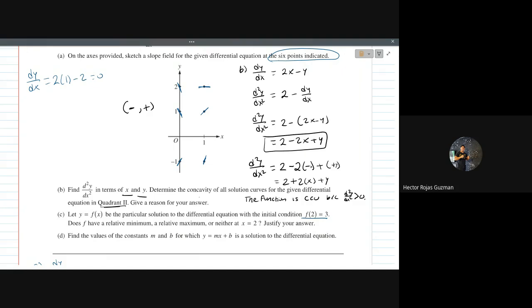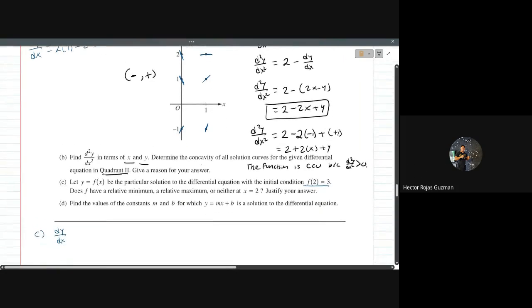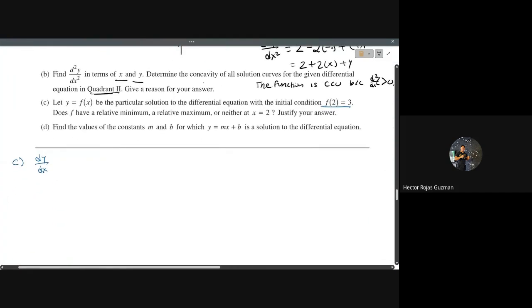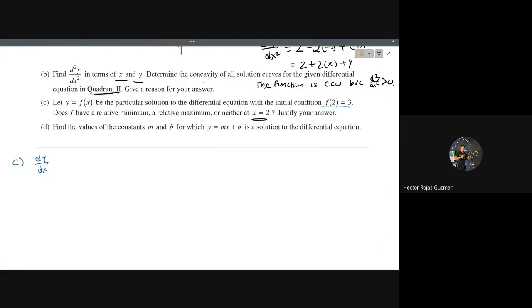Okay, thank you. Good catch. Let's see. Do we have a minimum, a maximum, or neither at 2? So if I take my differential equation, which is 2x minus y, normally you want to set it equal to 0 to find the critical points. But we're not looking for critical points. We already are given a point.